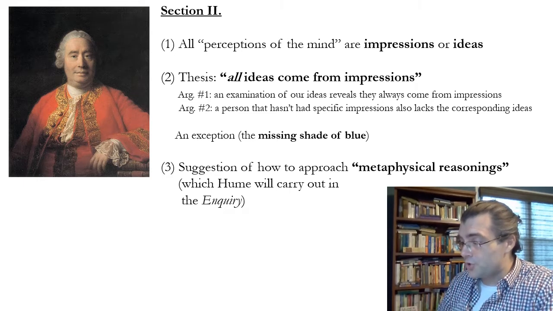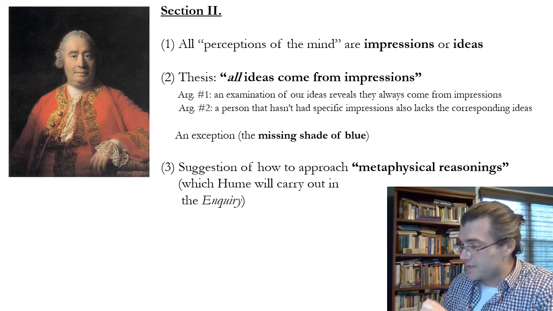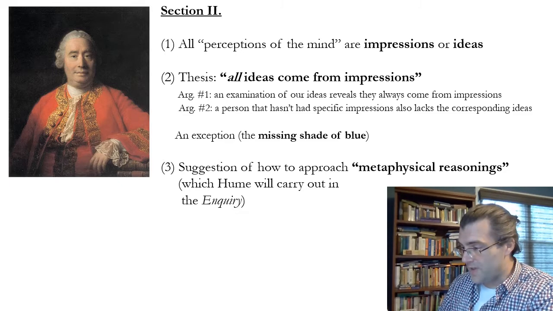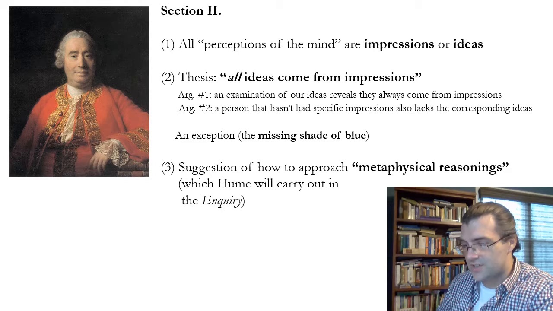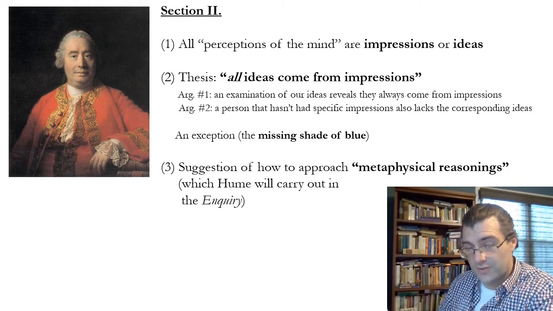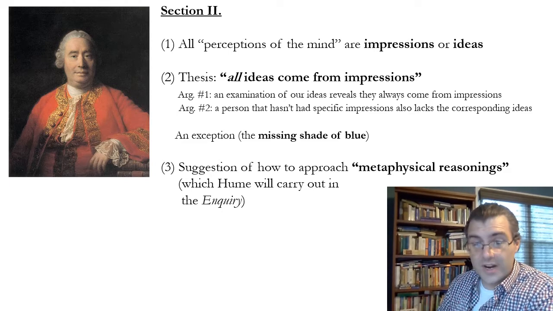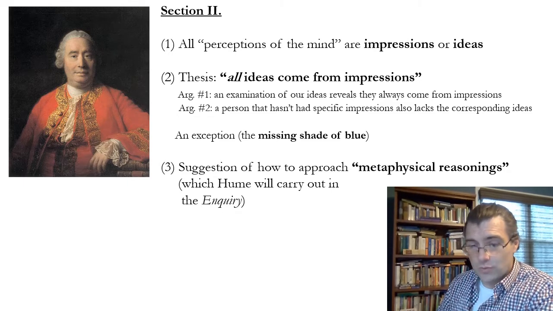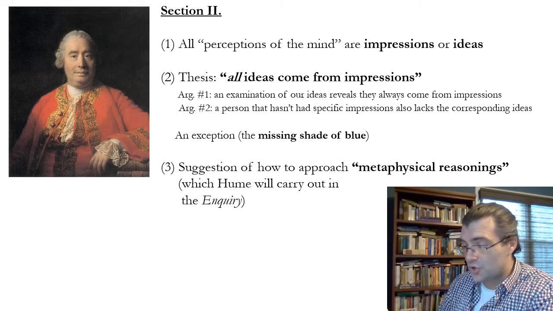He says, if a proper use were made of it, this claim that all ideas come from impressions might render every dispute equally intelligible "and banish all that jargon which has so long taken possession of metaphysical reasonings and drawn disgrace upon them. All ideas, especially abstract ones, are naturally faint and obscure. The mind has but a slender hold of them.